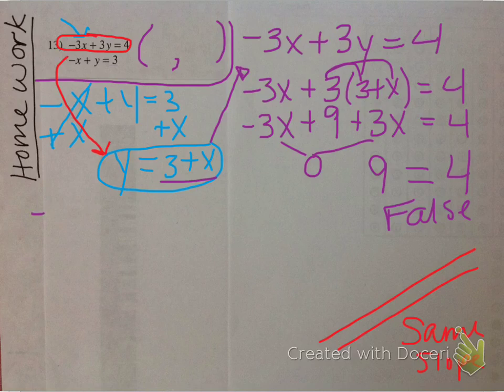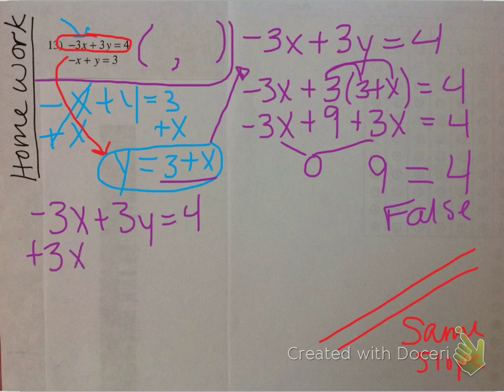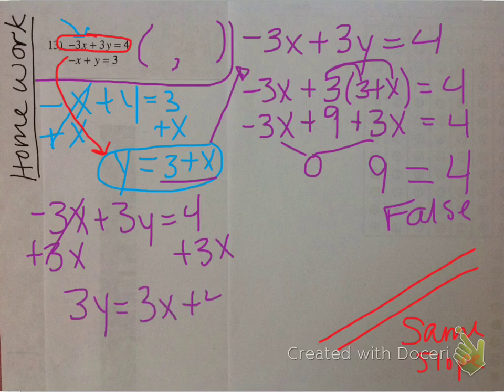Okay, so negative 3x plus 3y equals 4. Plus 3x on both sides. Then I have 3y equals 3x plus 4.